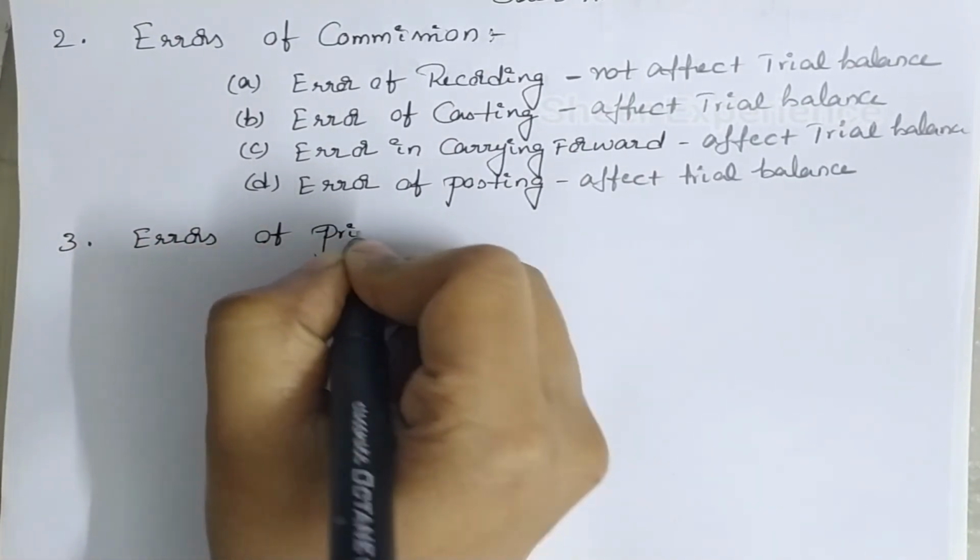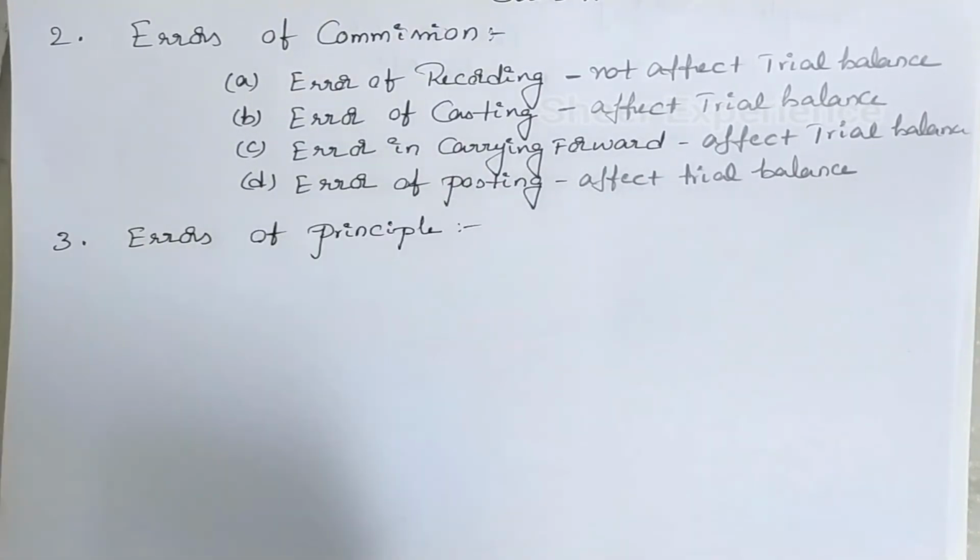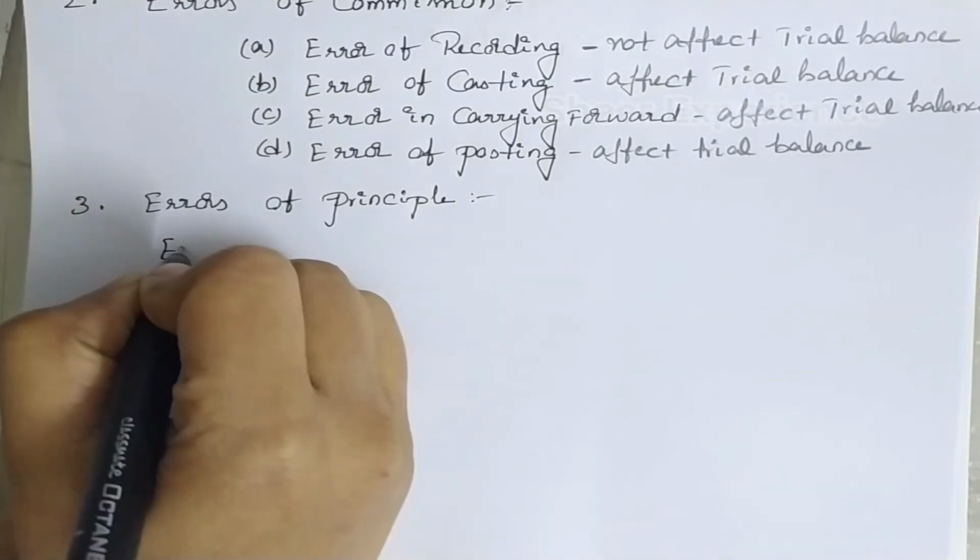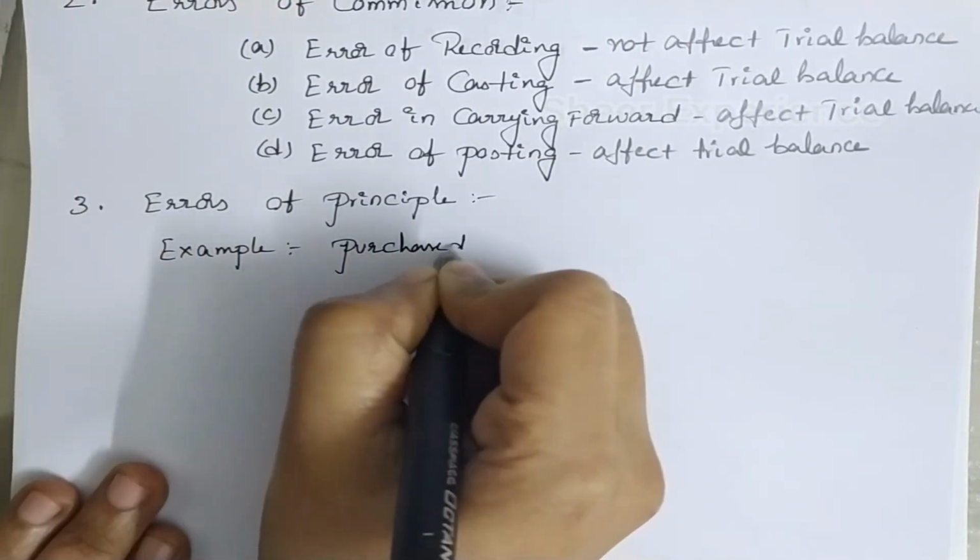Our next type of error is error of principle. This is the third type of error. While recording the journal entries, we follow accounting principles. When we don't follow the accounting principles and record the journal entries, those types of errors are called errors of principle. For example, we have purchased a machinery.